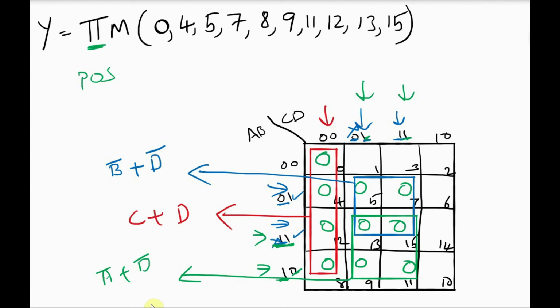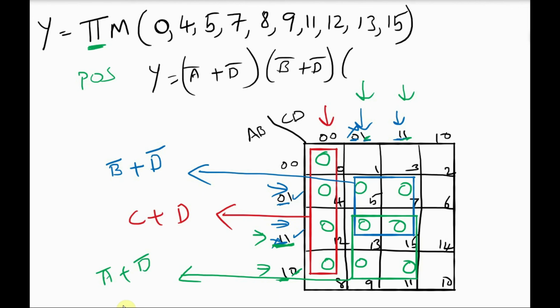So the final simplified expression y is equal to A bar plus D bar into B bar plus D bar into C plus D. So this is the final answer.